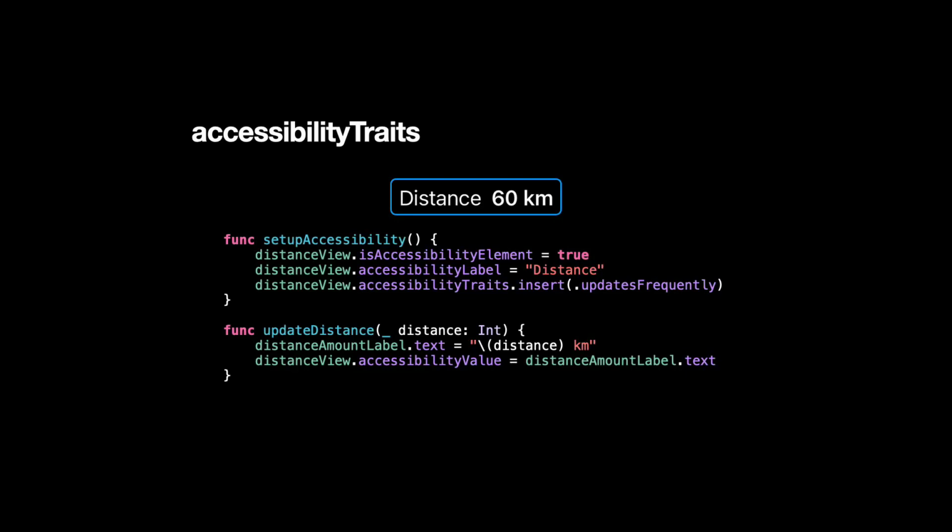Now VoiceOver reads this element as distance, 60 kilometers. But a couple seconds later, it will read the value again as 61 kilometers, and then 62 kilometers, and so on. Other useful traits are button and heading, which mark your views as a button and a heading. They are then included in the VoiceOver readout and also used for navigation purposes.